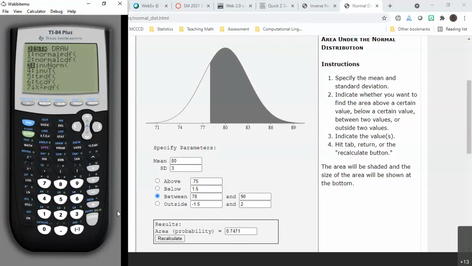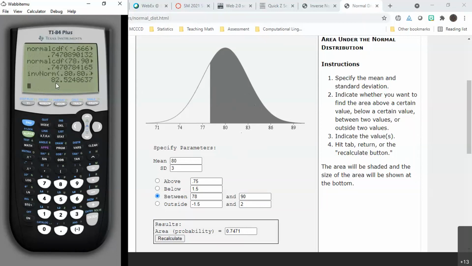Say I am interested in the score in this distribution. I want to know what score has 80% of the students below it. So I would say 0.80 for area, put in my mean and my standard deviation, and click paste and go.